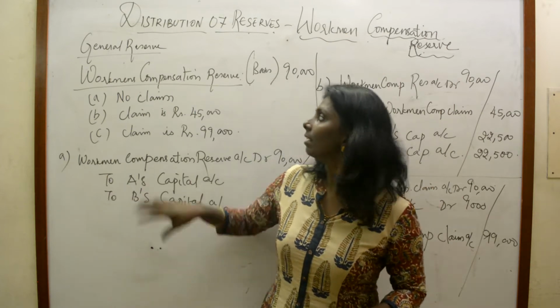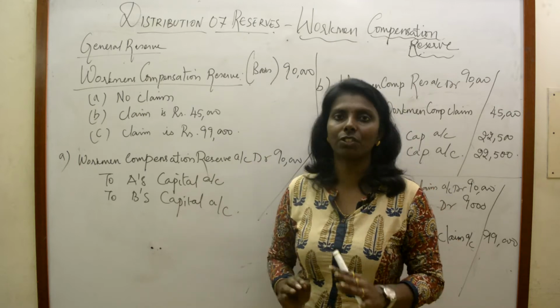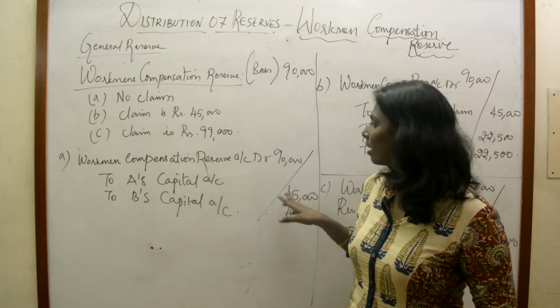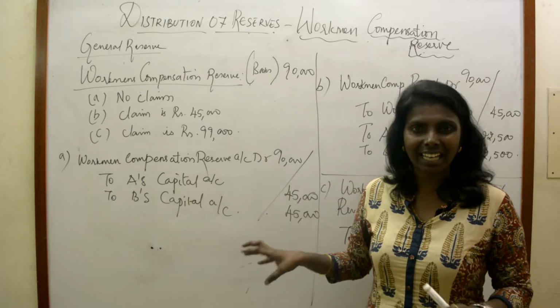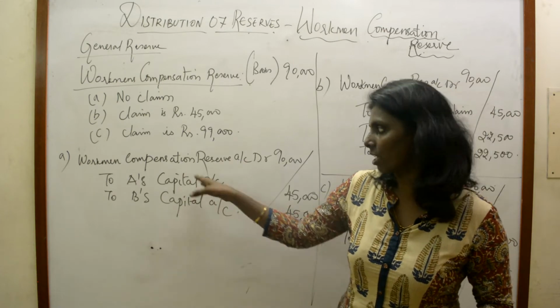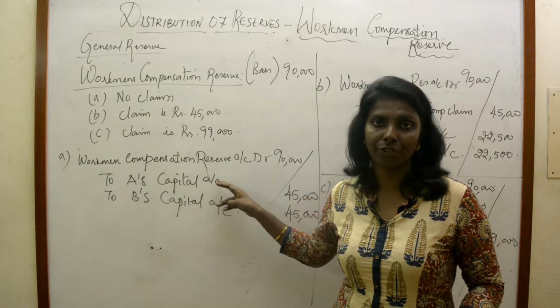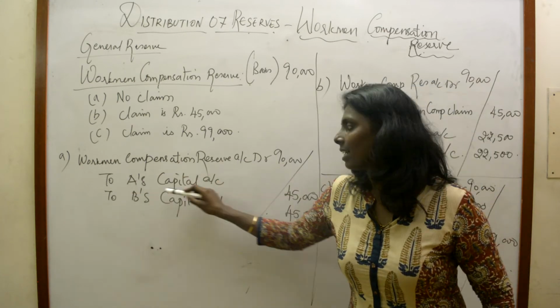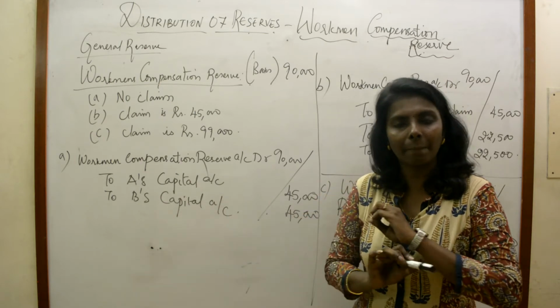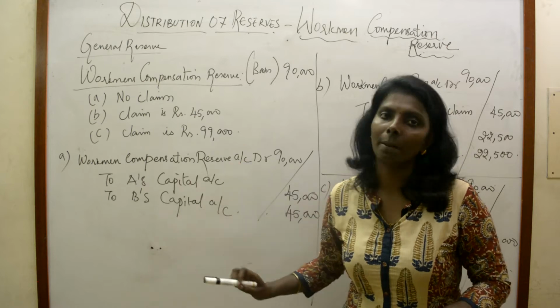In that case, the reserve is treated just like a general reserve and it is transferred to the existing partners. Here I have assumed the old ratio to be equal, so I have divided it equally among the old partners. So the entry goes like this: workmen's compensation reserve account debit, to A's capital account, to B's capital account. There is no claim, so I have simply distributed the reserve to all the partners.